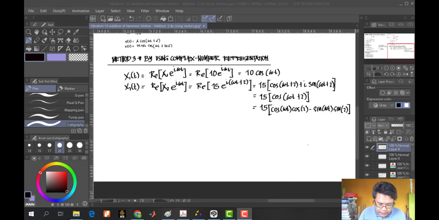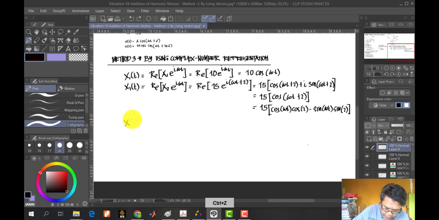Now the sum of x of 1 as a function of time and x of 2 as a function of time can be expressed as x as a function of time, equal to the real part of the amplitude times e raised to i, angular velocity times time plus the angle alpha.